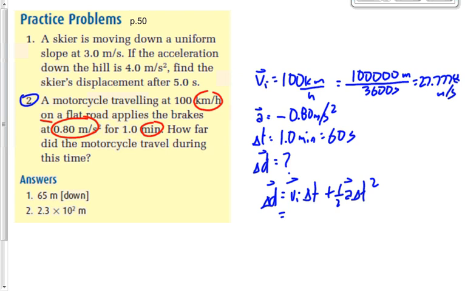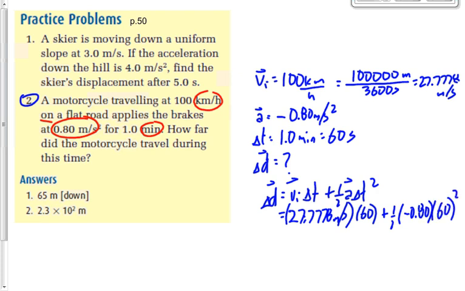VI is 27.7778 meters per second. Let's leave it to 4 or 5 decimal places because it's not a final answer. T is 60 seconds. Half of negative 0.80 times 60 seconds squared.